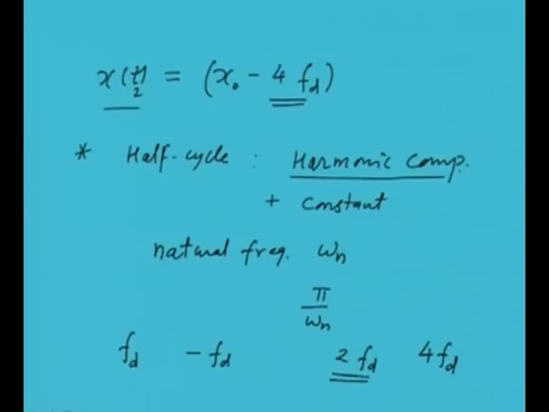This is the expression. You can see this was the initial condition and this was the reduction in the displacement over one complete cycle. So over one cycle the reduction in the motion is a constant. Each half cycle, we have seen that the reduction is 2 Fd. So that means the decay in the response is linear. It's not exponential as we had in the viscous damping case.